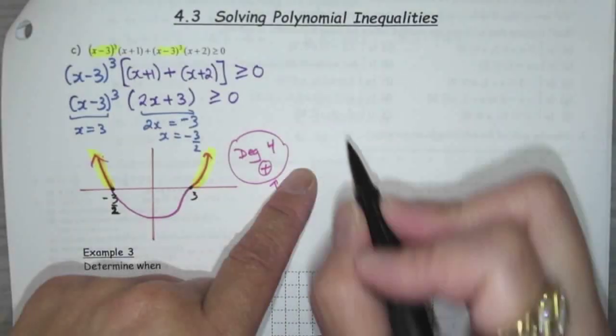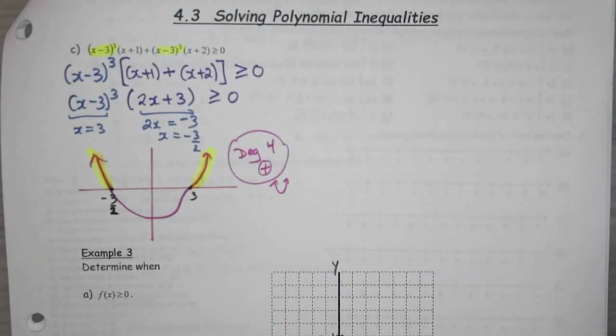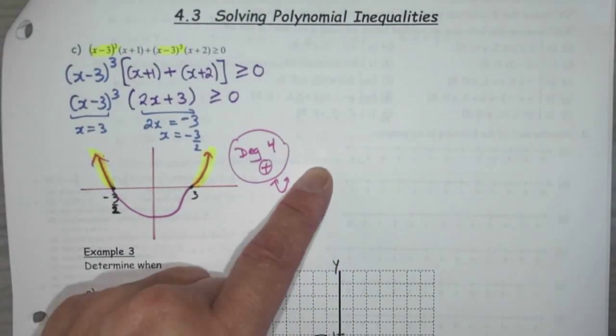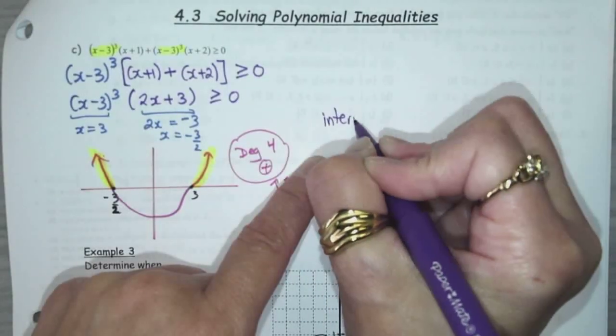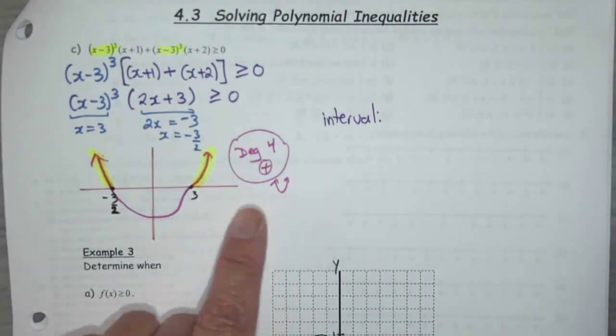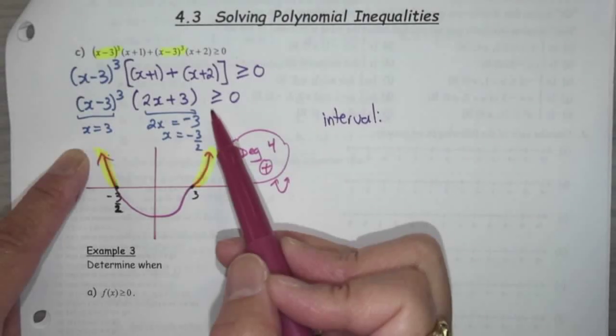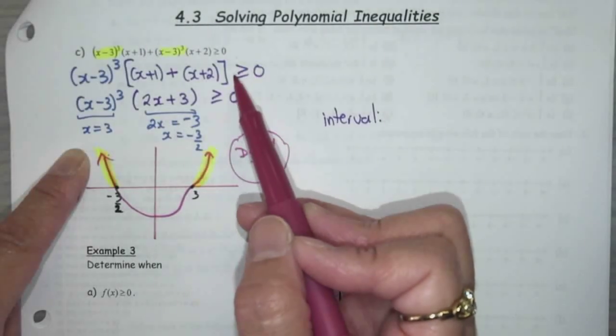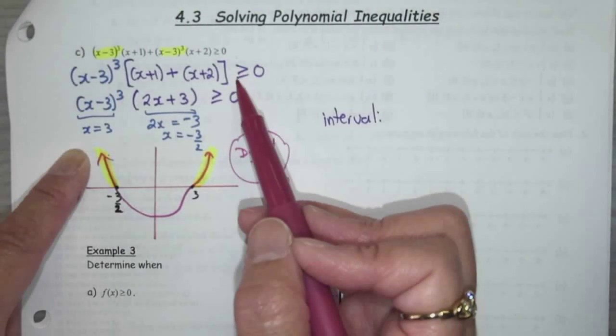And then my answer, and again, we're going to do interval. So interval, which will be from there, and it's equal to, so again, look back to the original, greater than or equal, right?